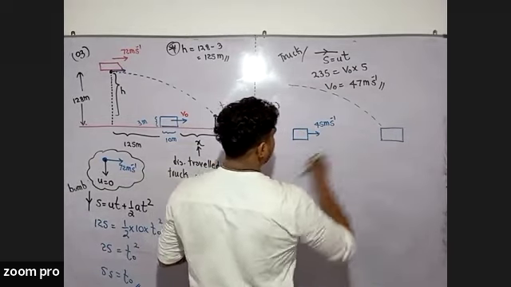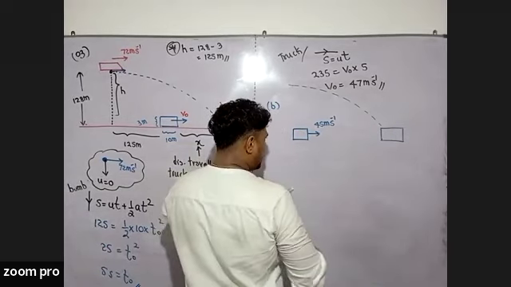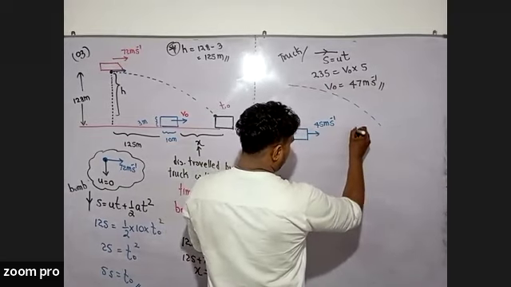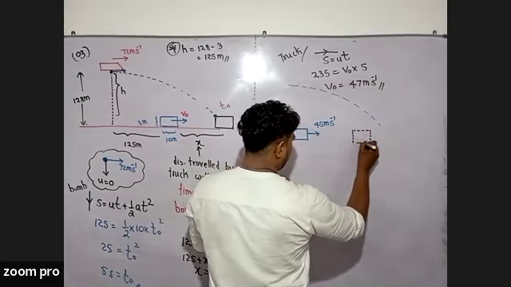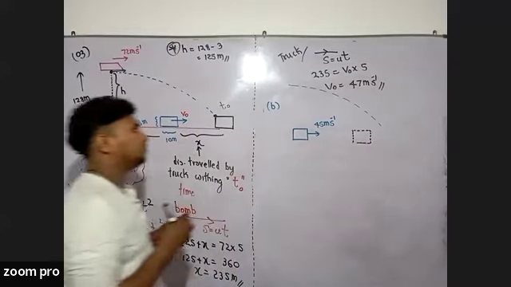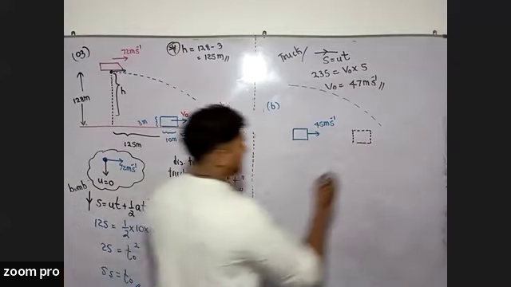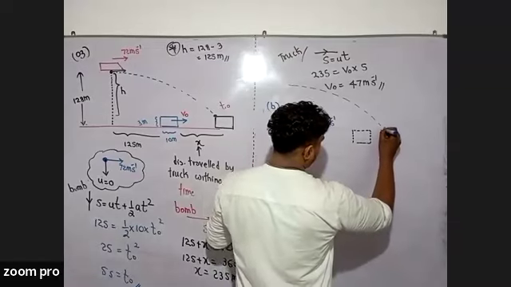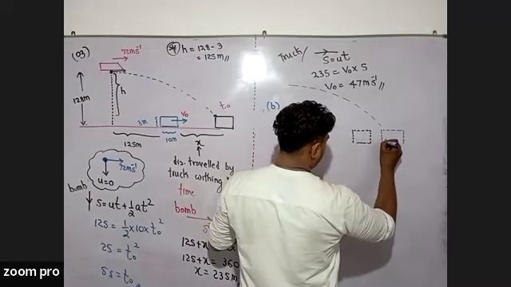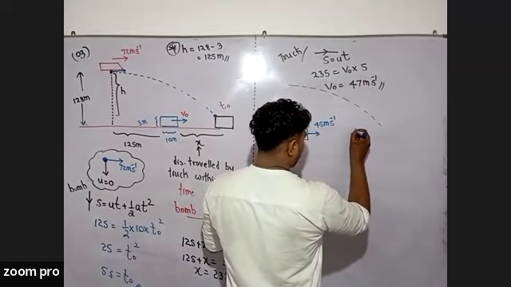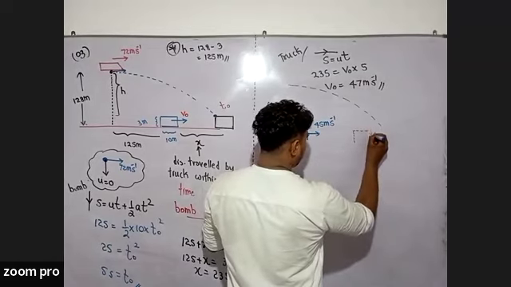If the first truck is moving with 47, the second truck should be behind it, right?